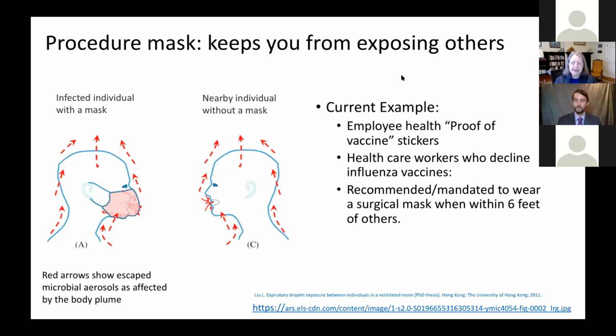But the idea here is that a healthcare worker can have the influenza virus, can be a vector, and has the ability to protect themselves through a vaccine. And so if they do not protect themselves and others that way, they protect them by wearing this procedure mask.